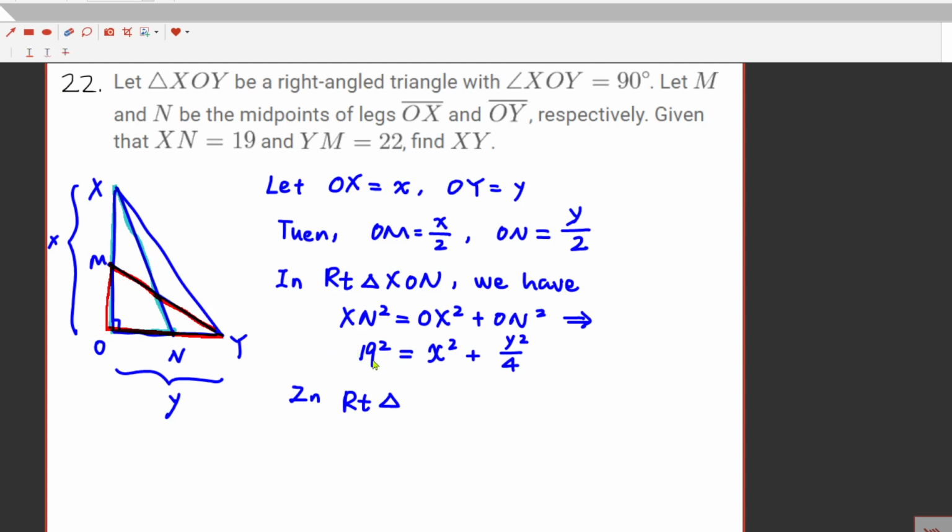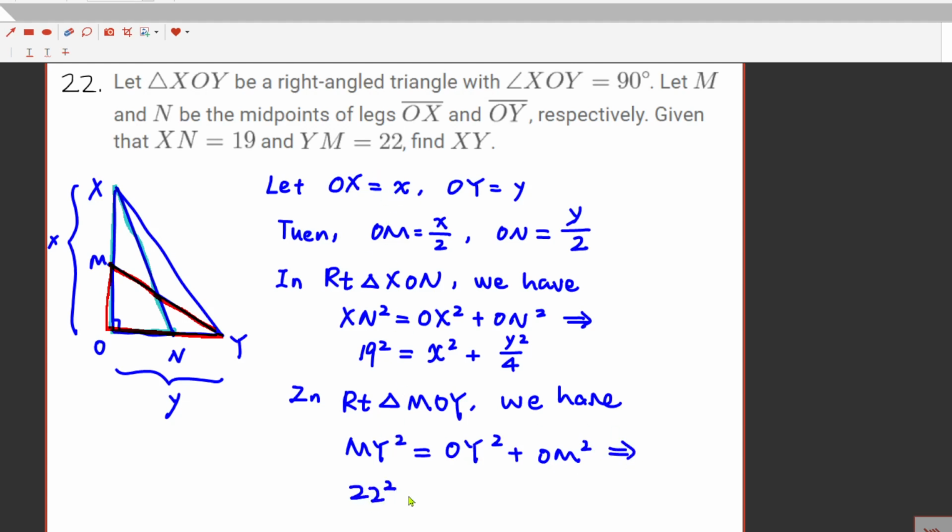In right triangle MOY, according to the Pythagorean theorem, we have another equation, which is MY squared equals OY squared plus OM squared, right? And MY is known to us, which is 22 squared equals OY is Y squared. OM squared is this one, right? So it's X squared over 4, right?